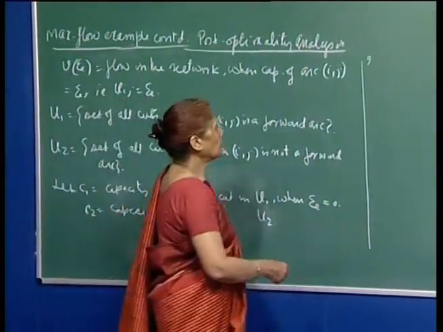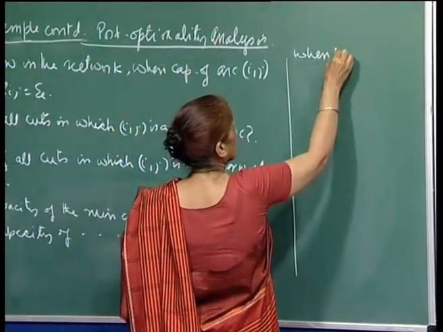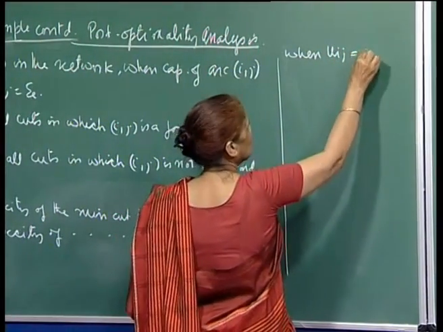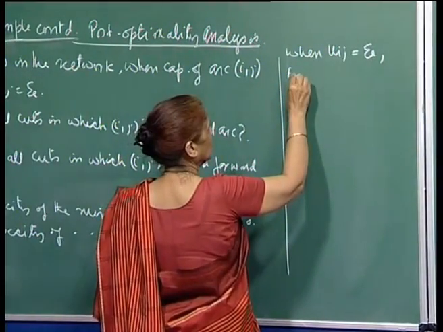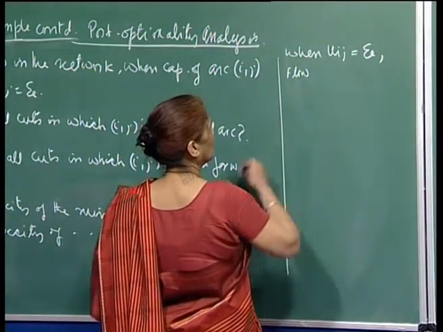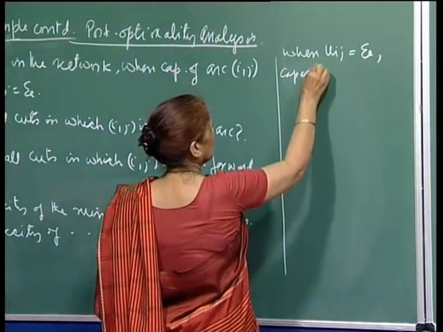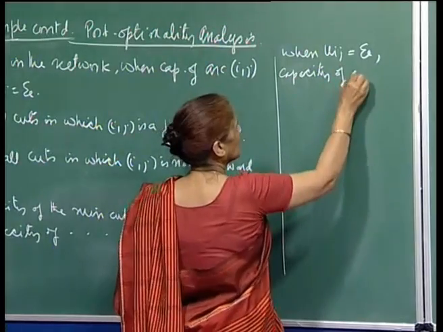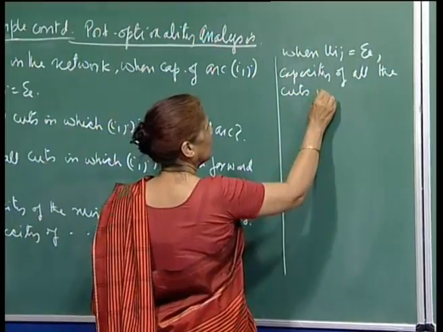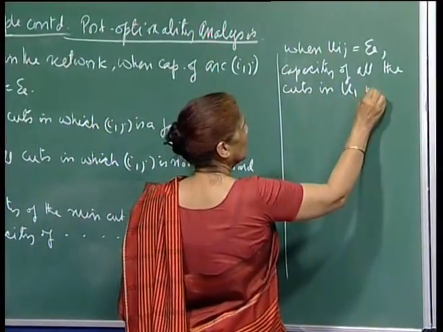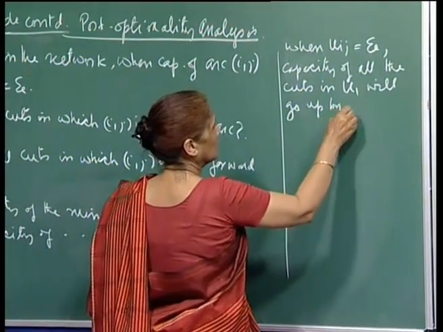Now when uij is equal to psi, the capacity of all the cuts in U1 will go up by psi units.